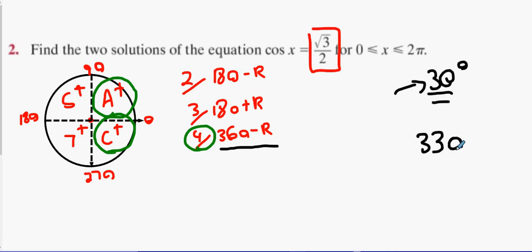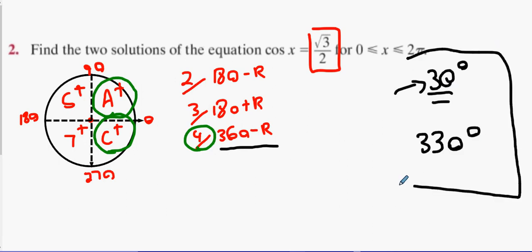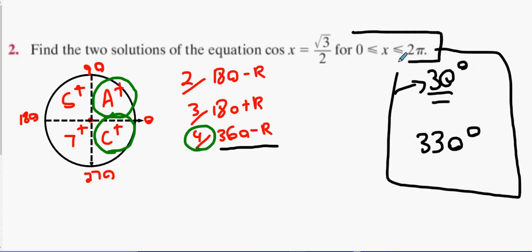Now, will I get full marks for these two answers? I won't. Why not? What way do I want to present it as? Radians. How do I know I want to present it as radians? It has pi in the question. So how do I convert them from degrees into radians? Pi equals 180 degrees.